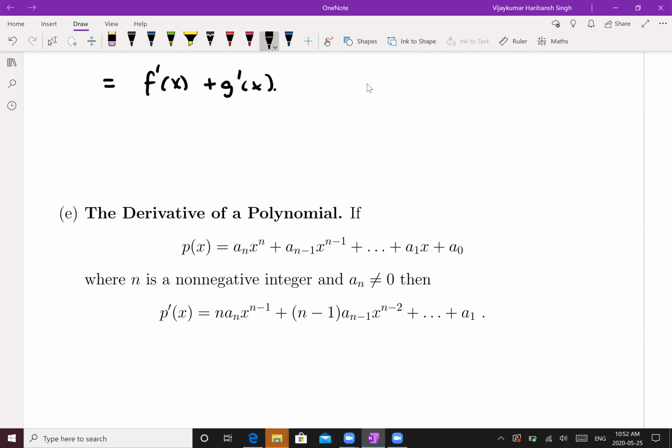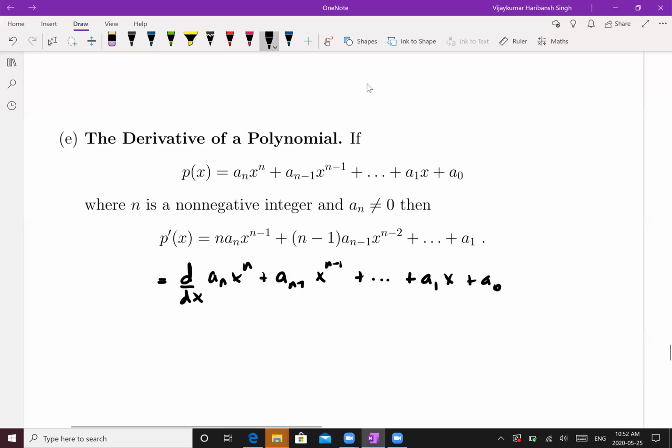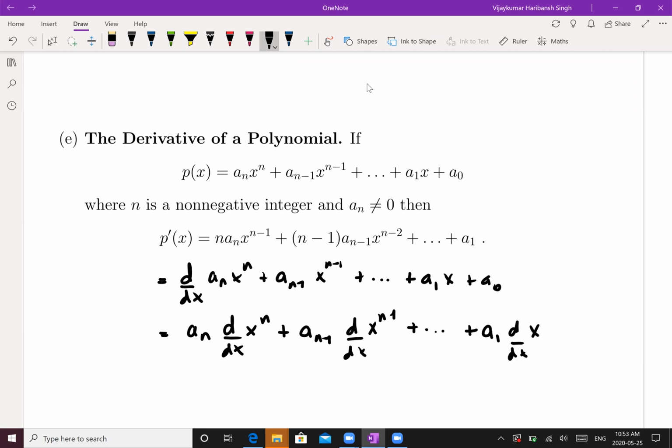So what is p prime x? So p prime x is going to be d by dx of a n x to the power n, a n minus 1 x to the power n minus 1, dot dot dot, a1 x plus a0. Now you can basically distribute because of the sum rule, and then take out the constants. So d by dx of x to the n, plus a n minus 1 times d by dx of x to the n minus 1, dot dot dot, plus a1 times d by dx of x, plus d by dx of a0.